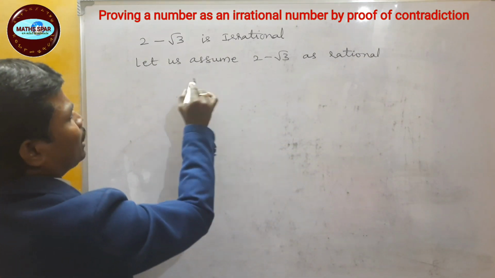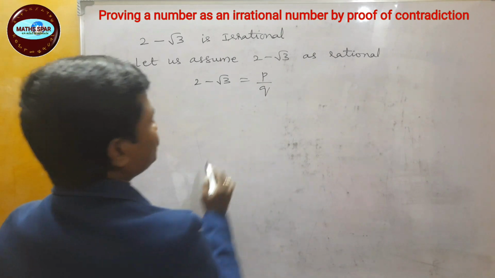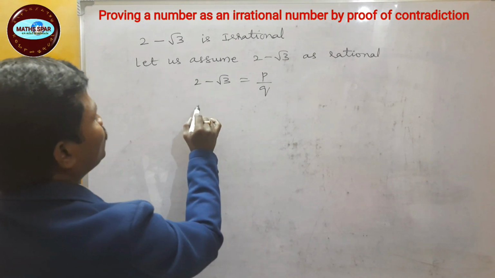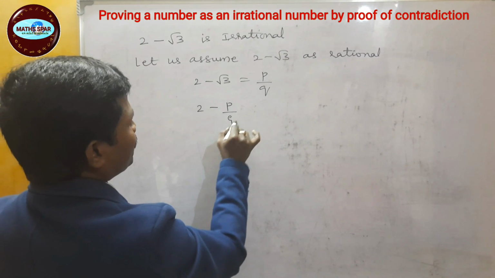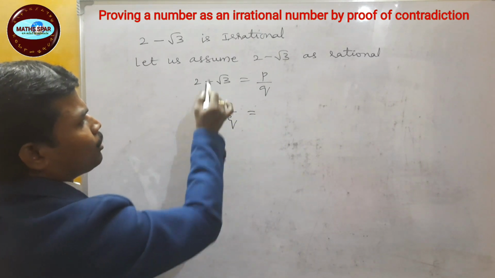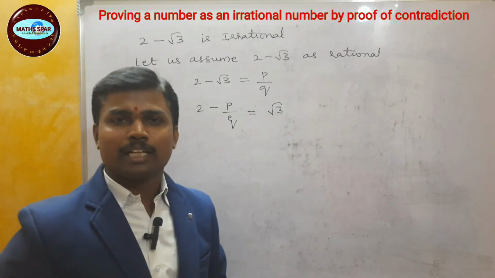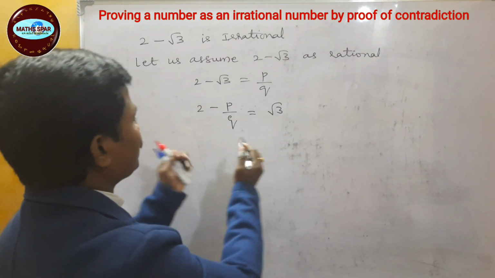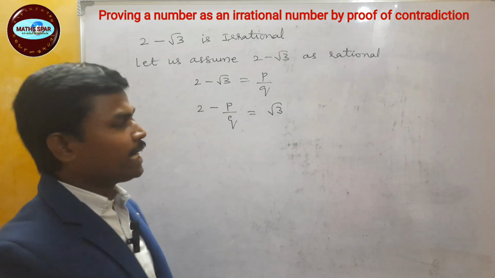When we assume it as rational, 2 minus root 3 is equal to p by q. Then 2, p by q, bring it to the left side, it will become minus p by q. Minus root 3, take it to the other side, it will become plus root 3. 2 minus p by q is equal to root 3.